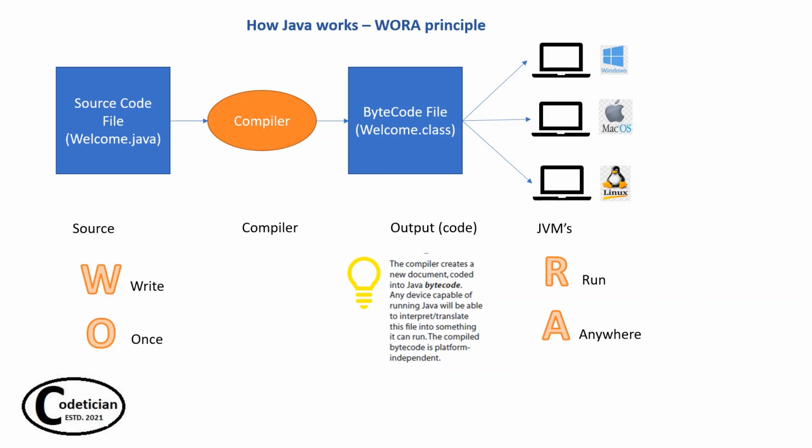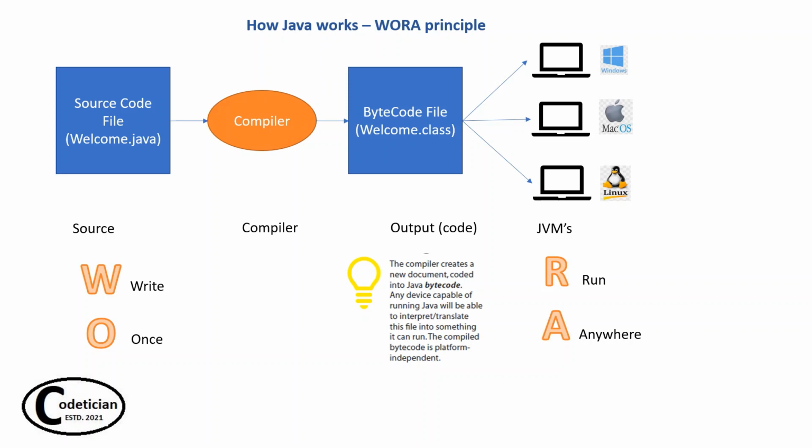So when we write the source code of a program and compile it using javac, the compiler will create a dot class file that is bytecode, which is platform independent. This bytecode can be run anywhere. Any device which has JVM can read and run this bytecode. So basically this bytecode is an instruction set for JVM. Any machine running JVM should be able to translate it into something it can run.